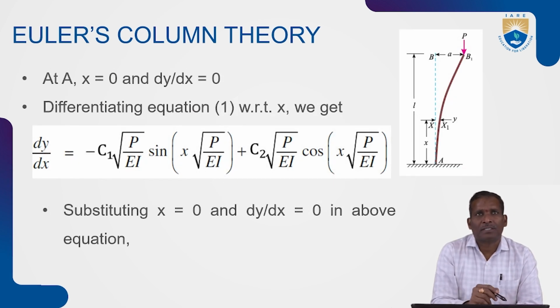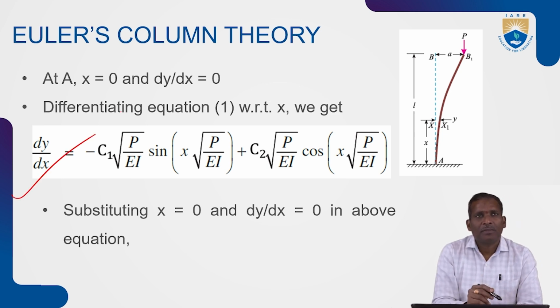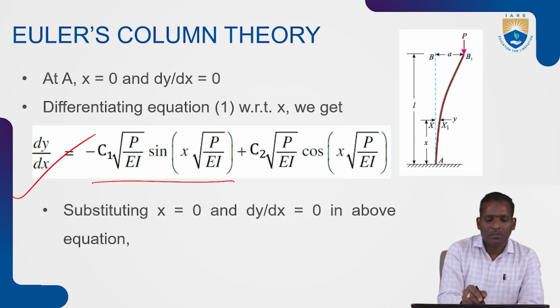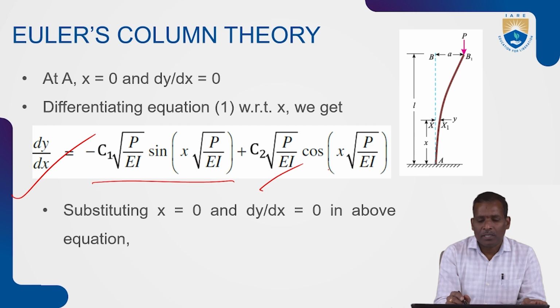For both ends fixed, at point A, x is equal to 0 and dy/dx is equal to 0. Differentiating with respect to x in the first equation, we get dy/dx equals minus C1 square root of P by EI into sin(x square root of P by EI) plus C2 square root of P by EI into cos(x square root of P by EI).